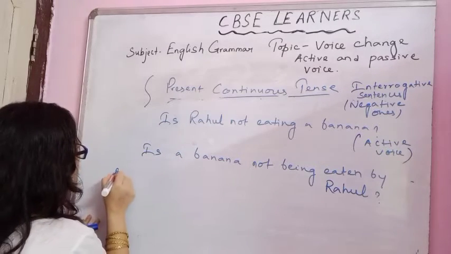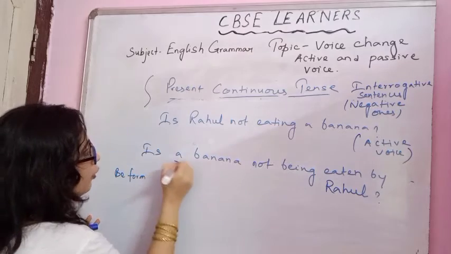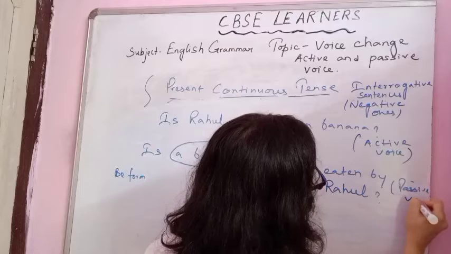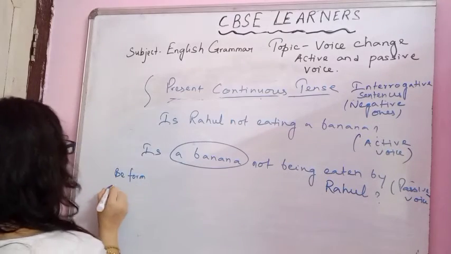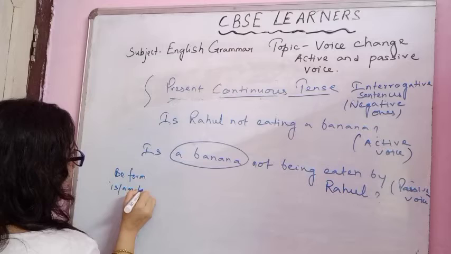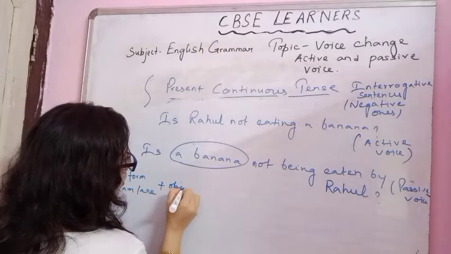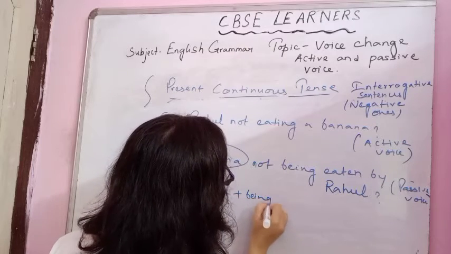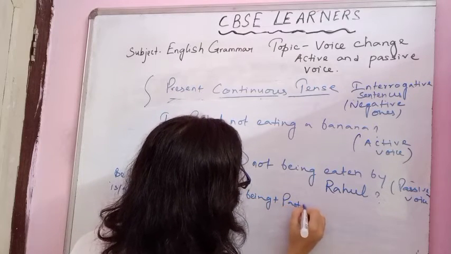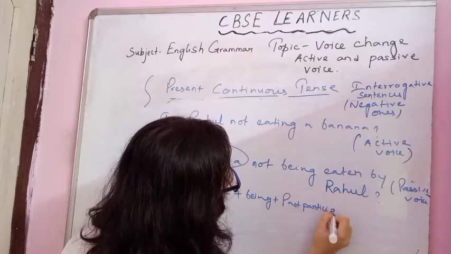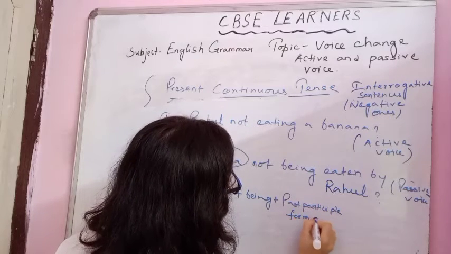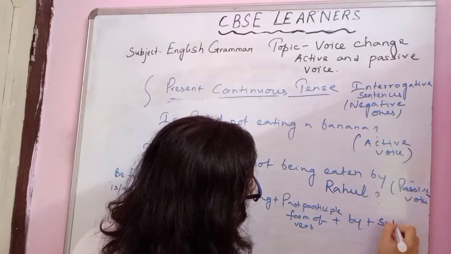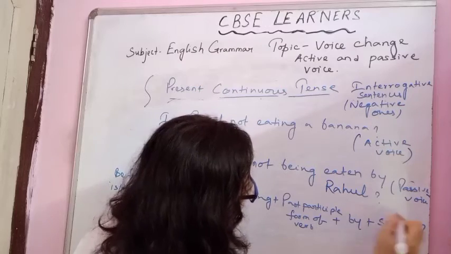So here the focus is on the object, so it is in passive voice. The formula is: be form, that is is, am or are, plus object, plus not, plus being, plus past participle form of verb, plus by, plus subject, with a question mark.